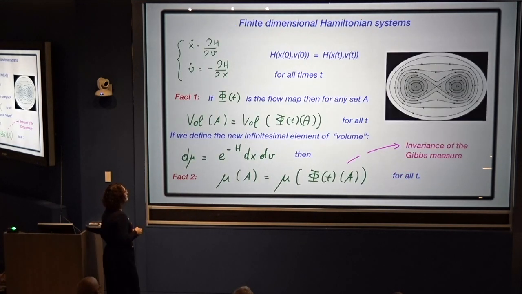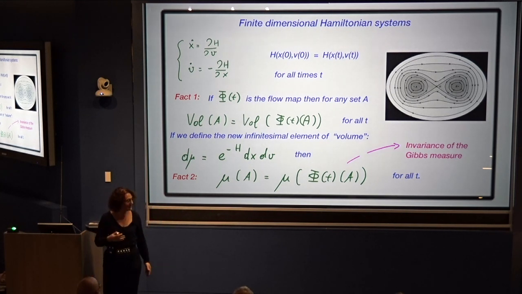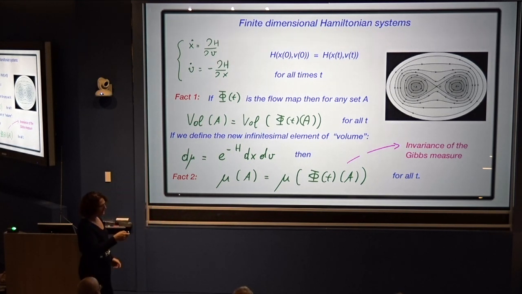Okay, so you probably remember, or whoever took some kind of ODE course has probably seen this picture. This is the finite dimensional case. And over here, there is a picture of a typical representation of the dynamics of a finite dimensional Hamiltonian system.